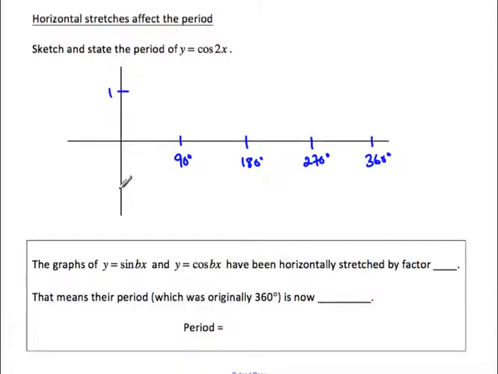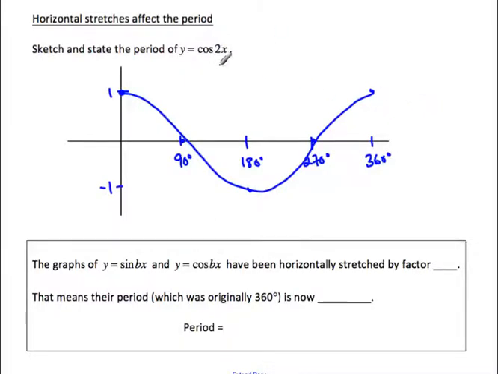We're going to label our axes, and remember that it goes 0, 1, 90, 0, 180, negative 1, 270, 0, and then 360 back up to 1. Looking something like that.